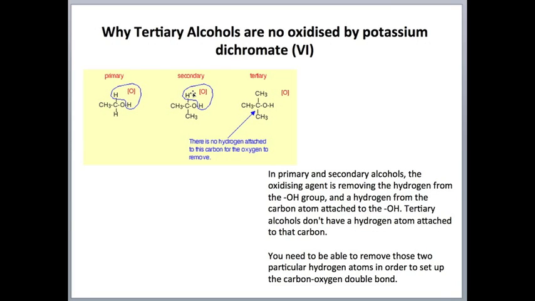In secondary alcohols the same thing can happen, because the carbon has this lone hydrogen, so oxidation can take place. However, in a tertiary alcohol, it's got 3 methyl groups around it, and there are no hydrogens attached to the carbon that is carrying the OH group, therefore it cannot be oxidized.